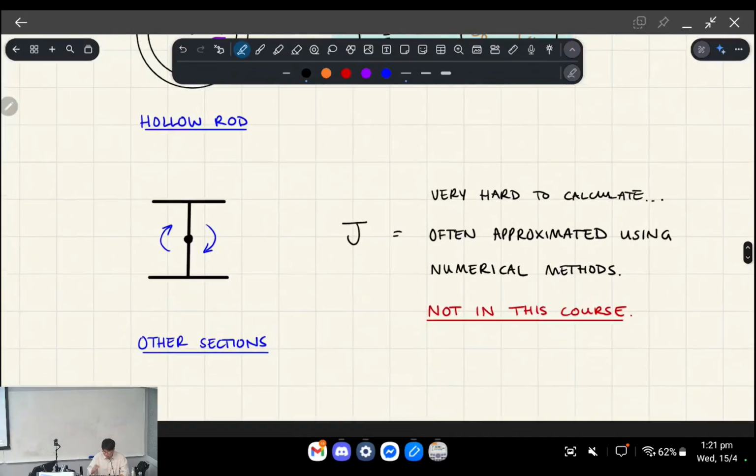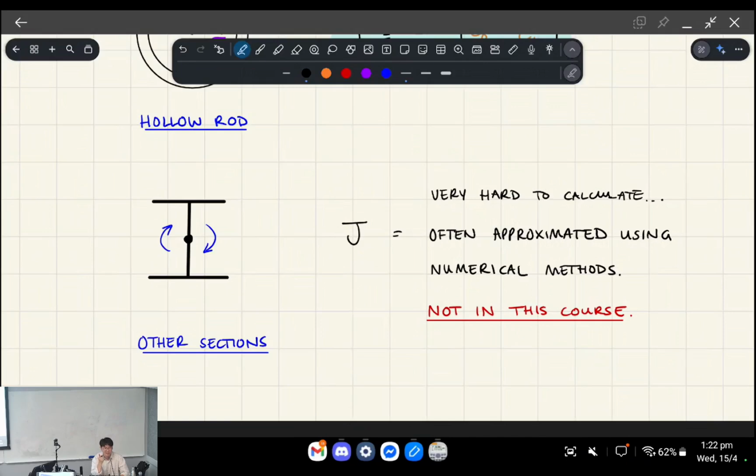But for other shapes that aren't circular, it's actually very hard to calculate, and there are only approximate formulas for it. So it's not going to be in this course because it's not really fundamental solid mechanics, which is what this course is about. It becomes more of an engineering approximation kind of thing.